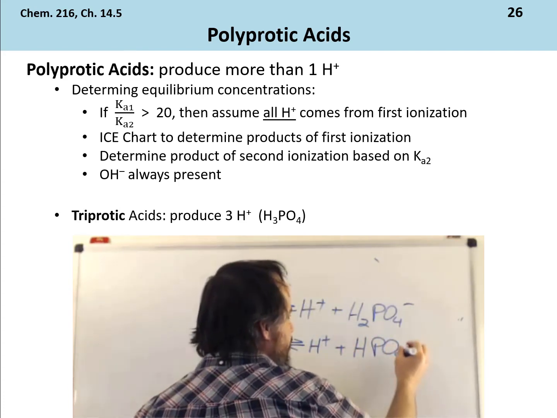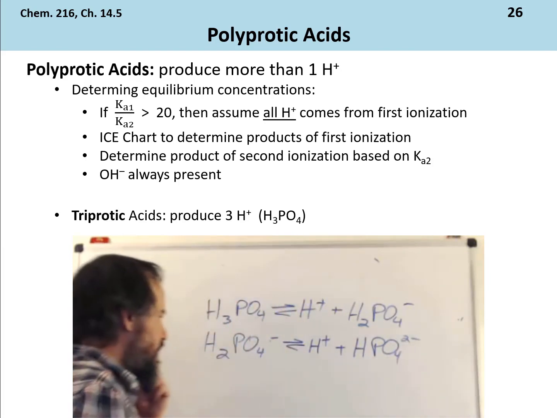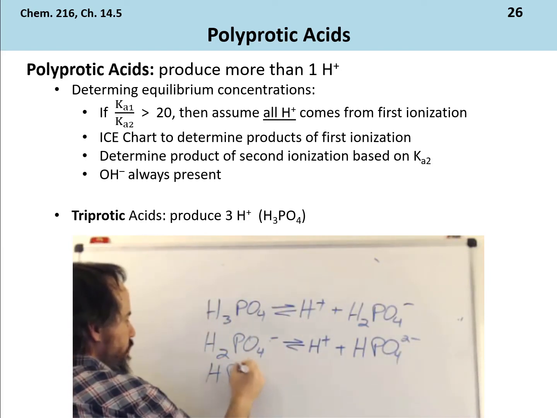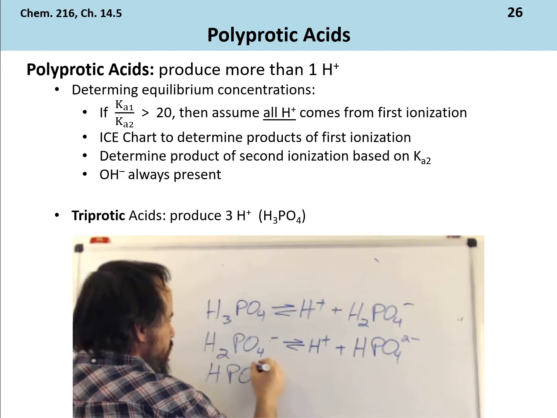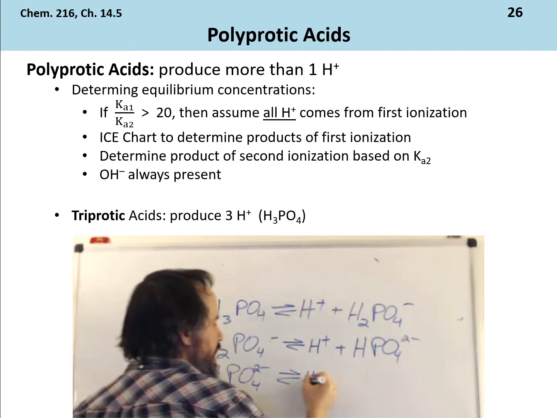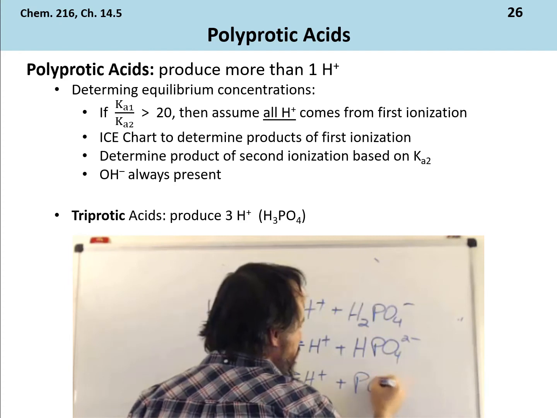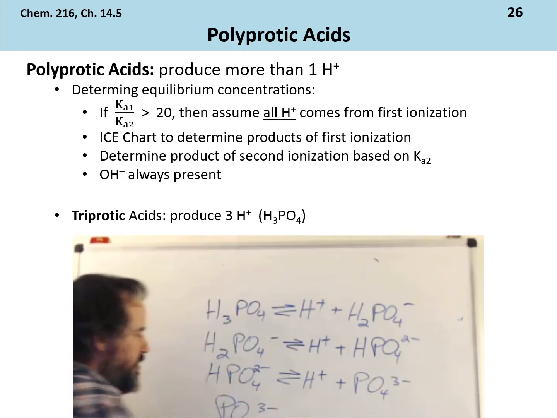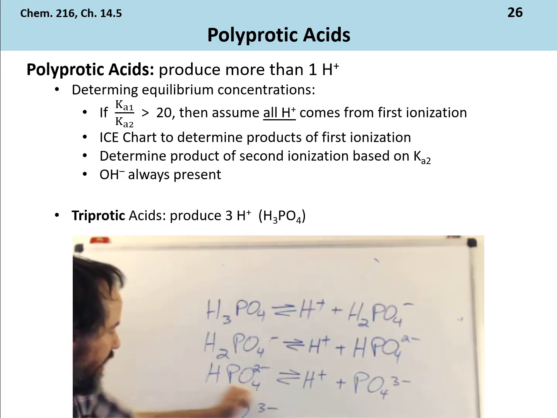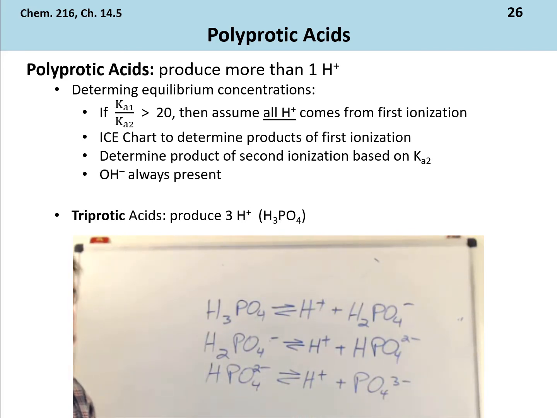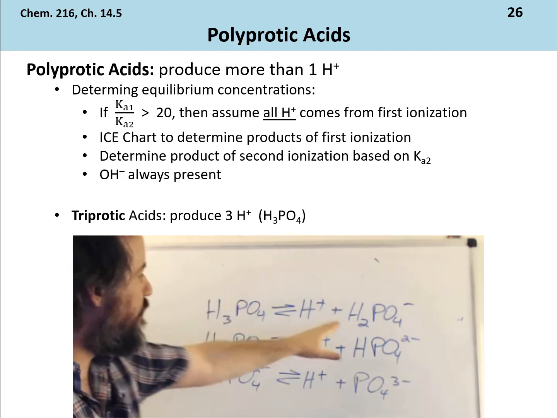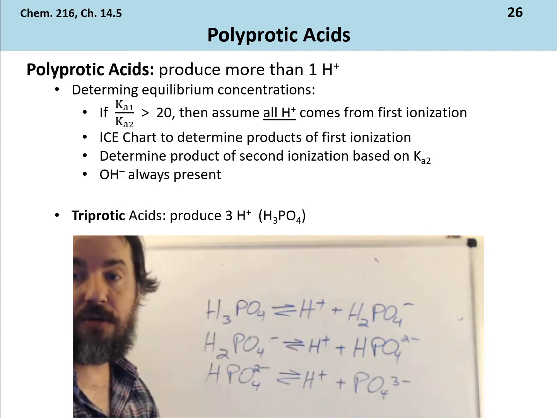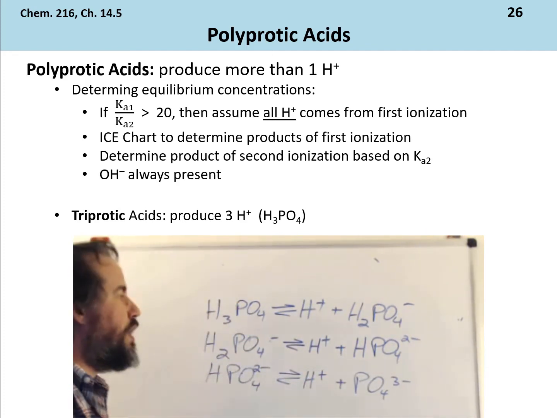And that's going to get me HPO4 2 minus. And then that HPO4 2 minus is going to lose another H+ and become PO4 3 minus. Then that PO4 3 minus, it can't lose another hydrogen because it doesn't have a hydrogen. Okay? All right, so notice the only thing that's changing is the number of hydrogens and the charge. Okay? I don't change the PO4 in any way.